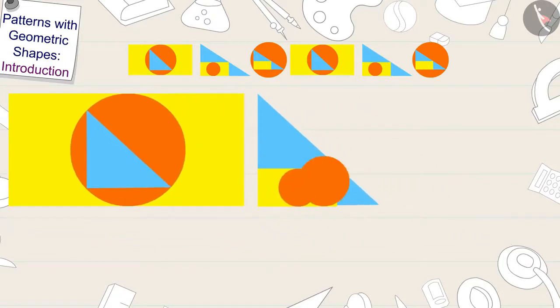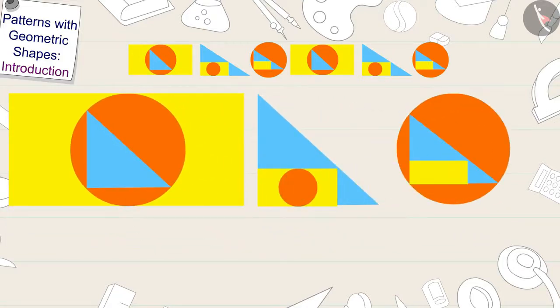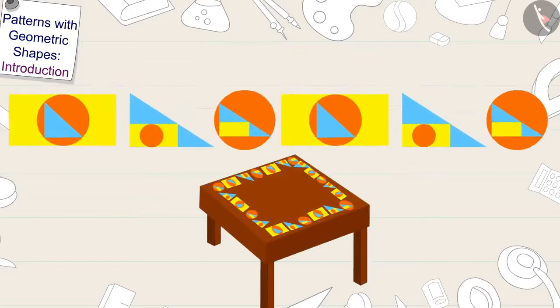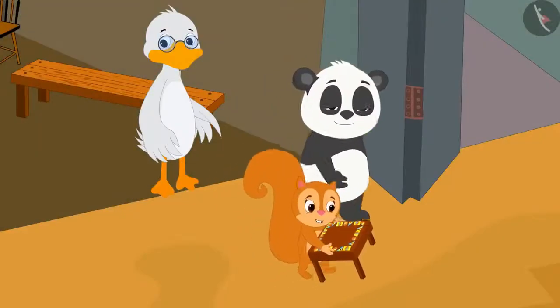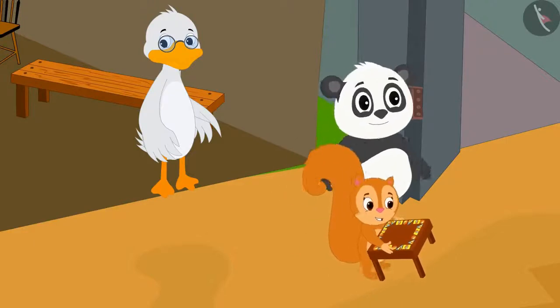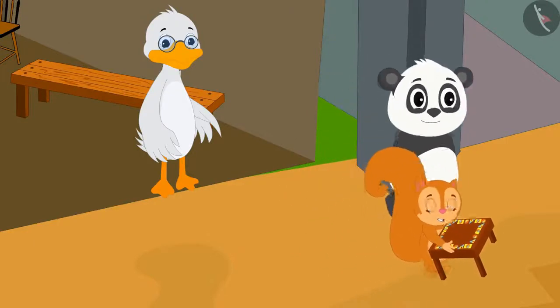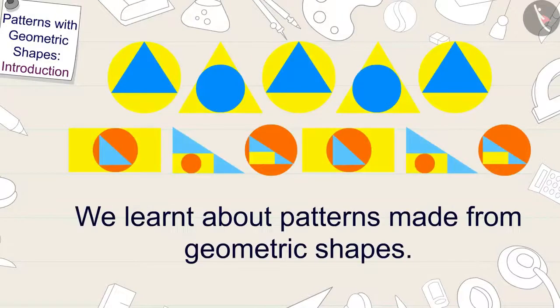By repeating this rule again and again, uncle has patterned his table. Chanda bought that table from uncle and happily returned to her home. Children, in this video we learned about patterns made from geometric shapes. In the next video, we will learn more about it by some interesting examples.